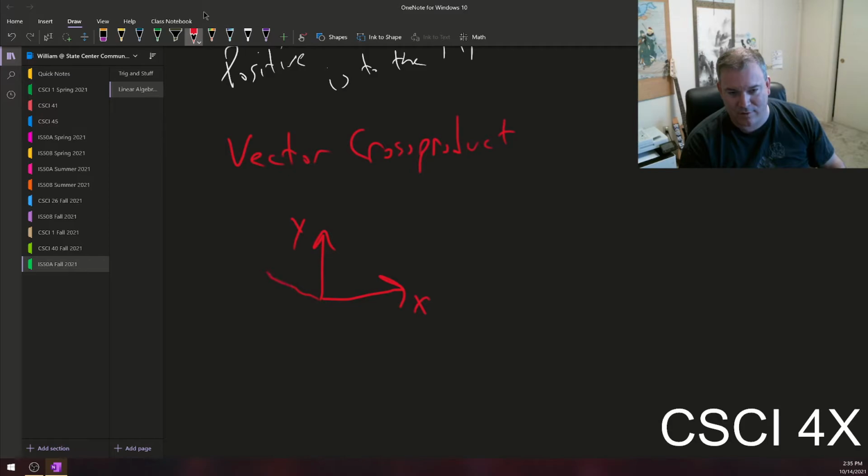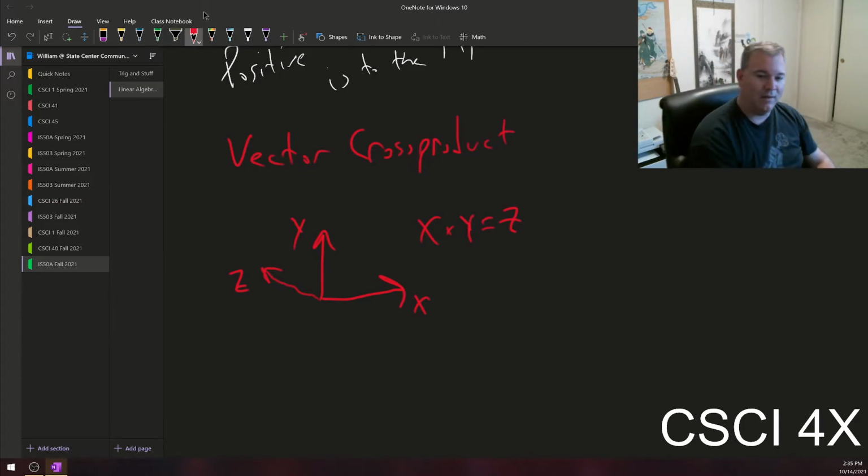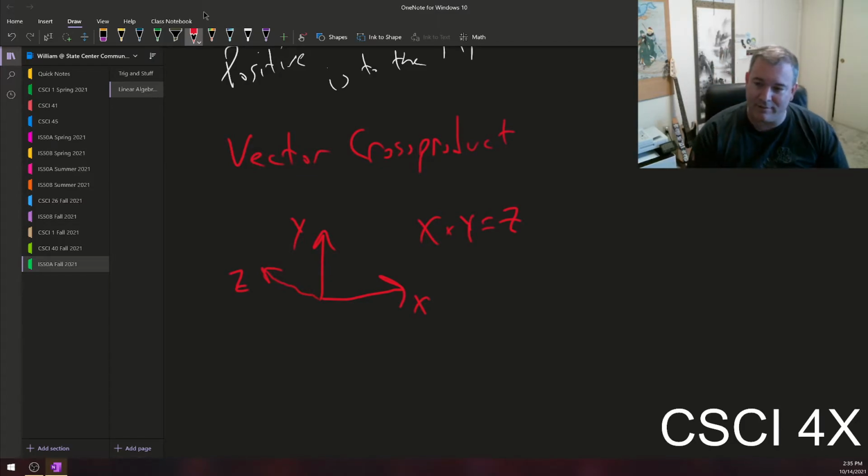With the vector cross product, if you put in x and cross product it with y, it'll give you z. It gives you a vector at a 90-degree angle to both of the vectors you pass in, essentially.